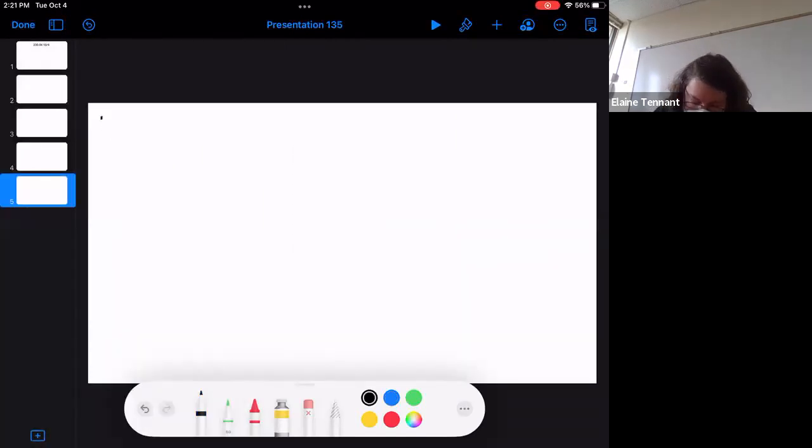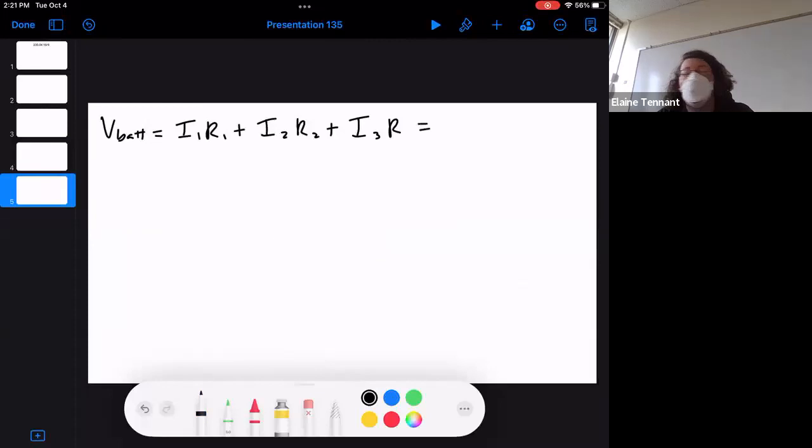Okay, so I have the voltage of the battery equals V1, so I1 R1, V2 I2 R2, V3 I3 R3, and that's of course the equivalent voltage, so I'll just call that I times the equivalent resistor. Okay, and I put subscripts on my currents. Did I need to do that? Excellent, because yeah, series, they're the same.